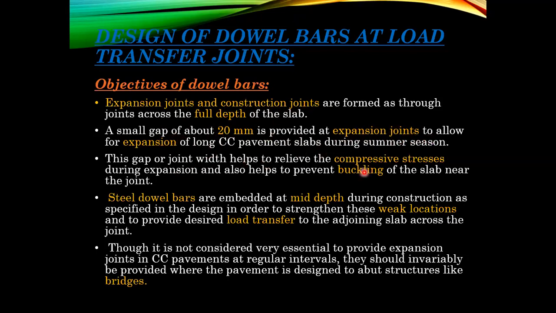Why are you providing expansion joints? Expansion joints are provided to allow the expansion. That is, the gap between two slabs will be 20 mm. In previous classes we have studied that expansion joints will be provided at every third or fourth slab. Suppose 10 slabs are there: first slab, second slab, third slab.